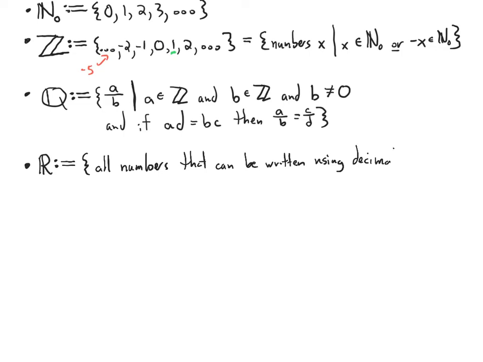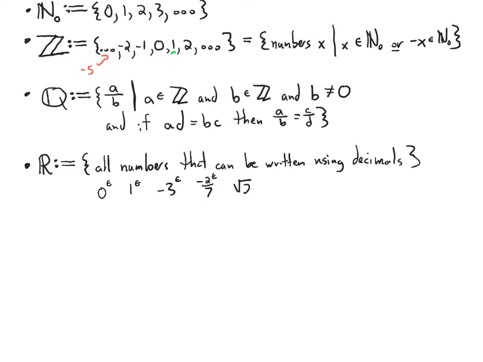So that's everything. In the set, you're going to have things like 0, 1 of course, -3, -2/7. You can have square root 2.